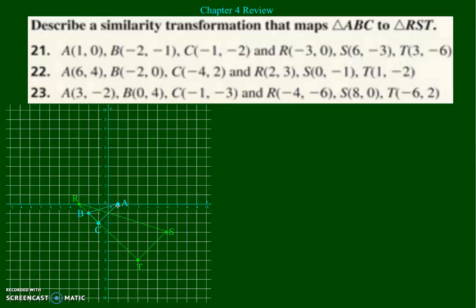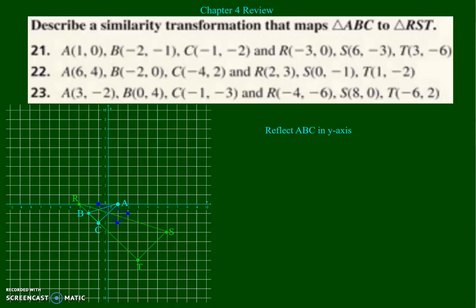So the first thing that I'm going to do, just for the sake of experimentation, is reflect ABC about the y-axis. So here we have the blue image of ABC reflected about the y-axis, and then I just dilated it by 3.